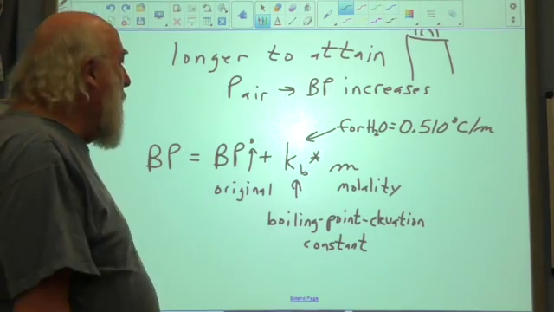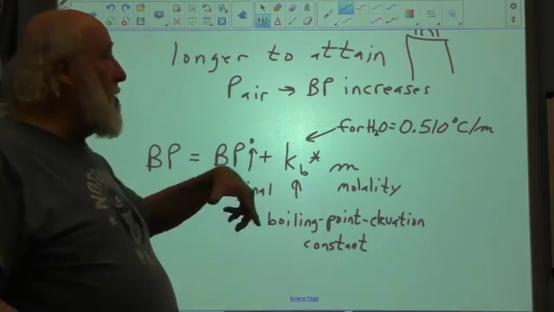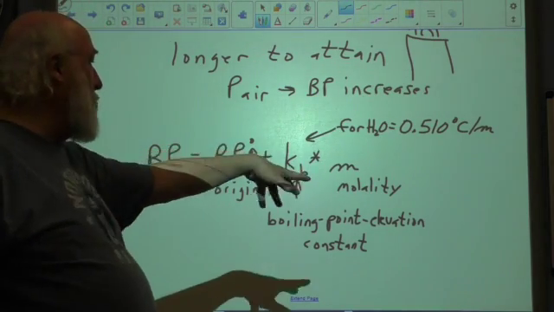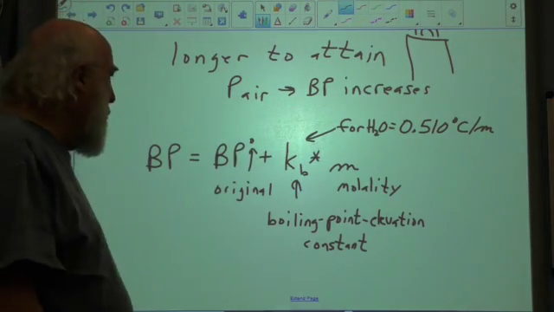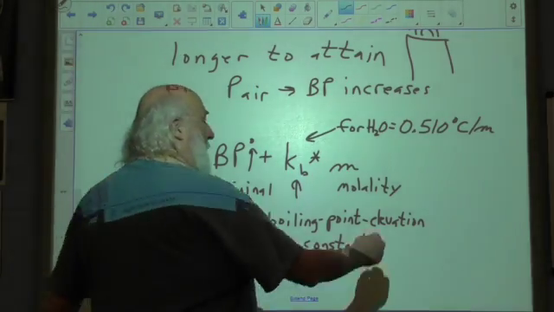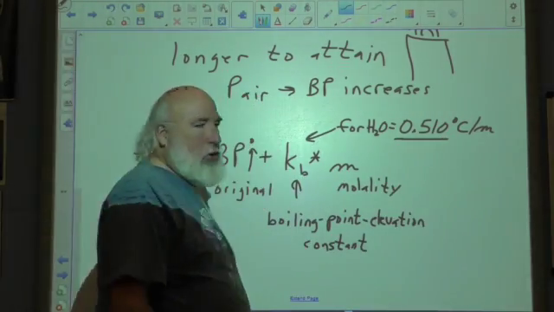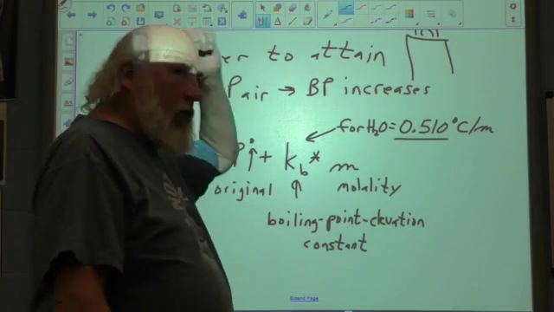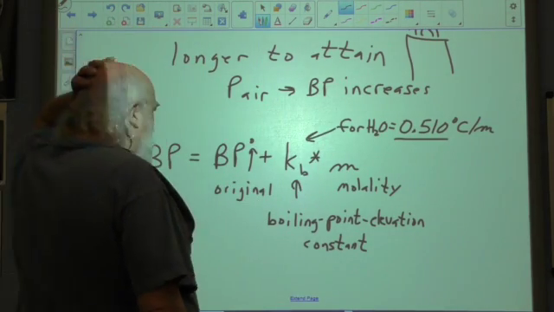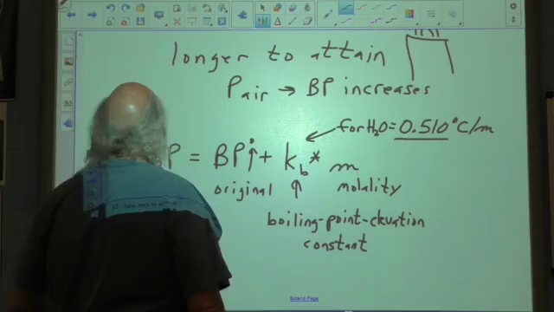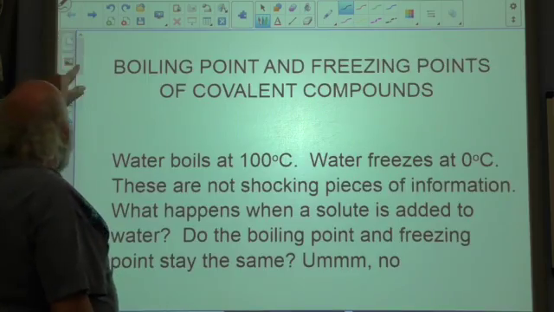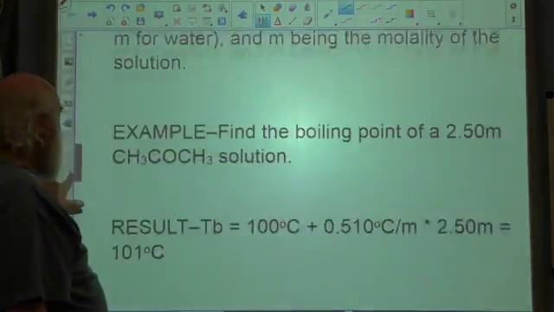Nobody really cares. Outside, they want to make sure that the labels cancel out, and you're left with degrees Celsius when the molality cancels out there. You will not have to memorize this number. I will give this to you on the test, just like its counterpoint, which we'll talk about just a little bit. Okay? So, let's take a look at the practice problem that I have given you for this.